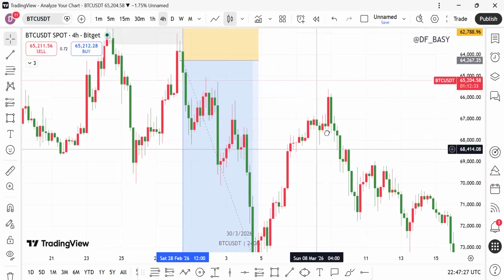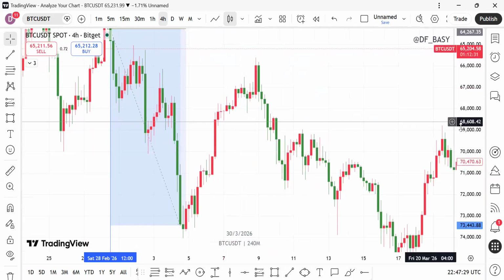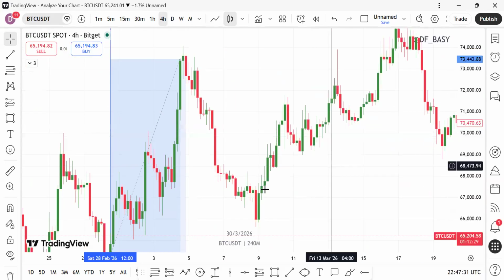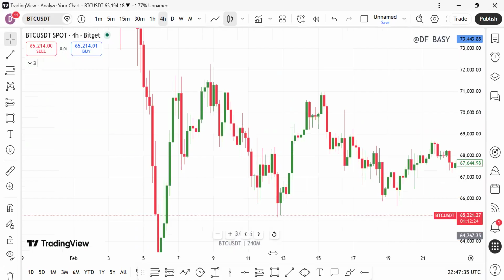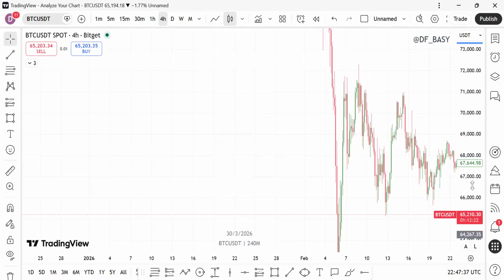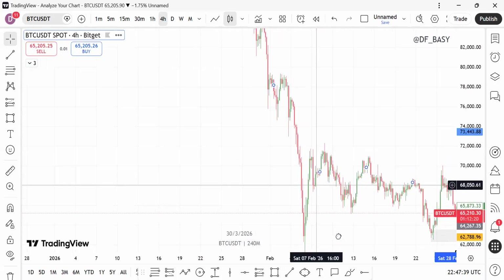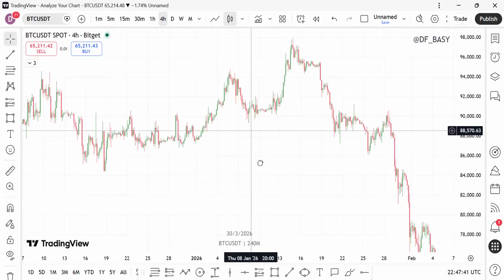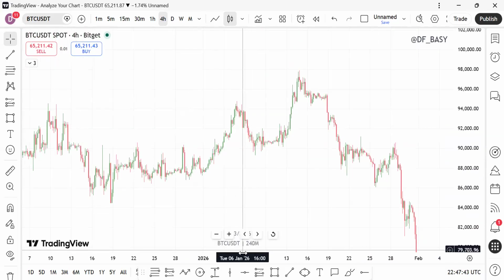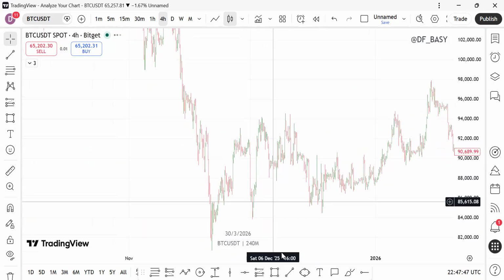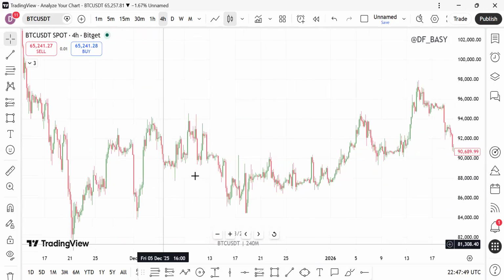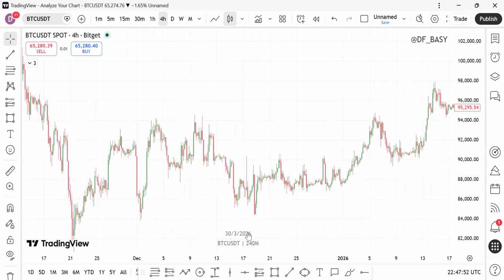Right? Let me try and see if I can identify another double bottom or double top that aligns with what I'm trying to show you. I think we can find something. Yeah, so I've seen another. So now this is a block. Can you see this?